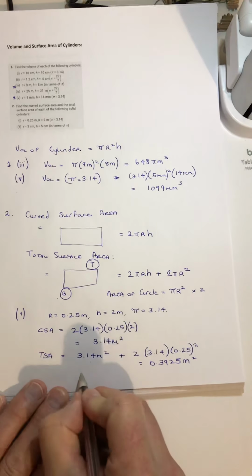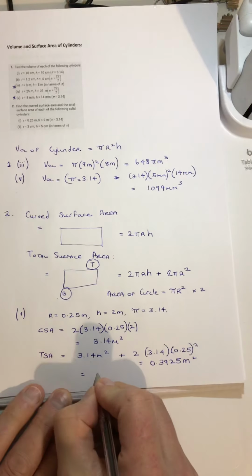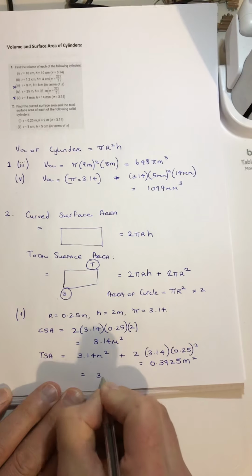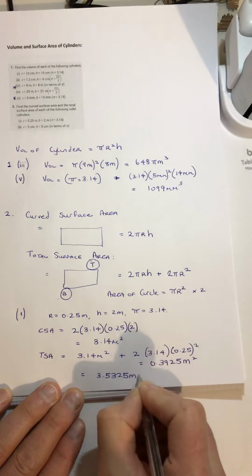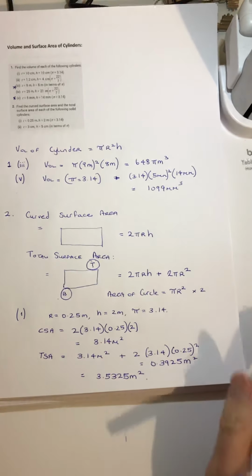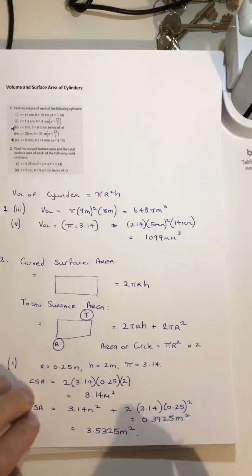So the total surface area, when we add those together, is equal to 3.5325 meters squared. Okay, so that's surface area of cylinders.